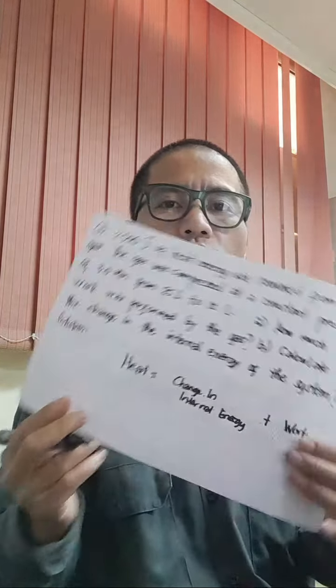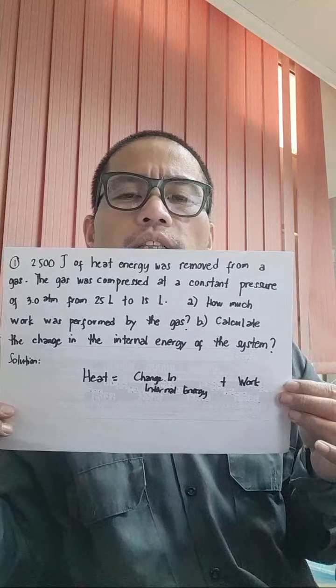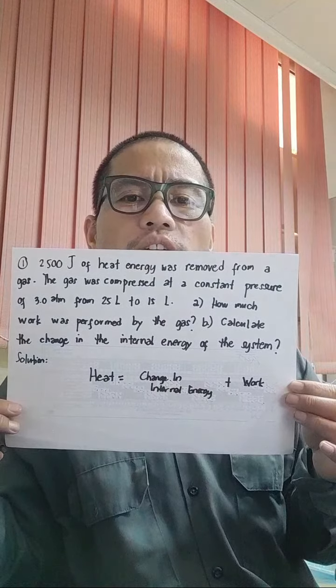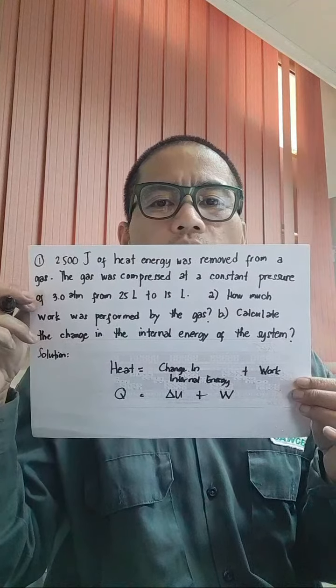So this is our equation to be used. Heat is equal to the change of internal energy plus work. And then Q is equal to delta U plus W, like this.